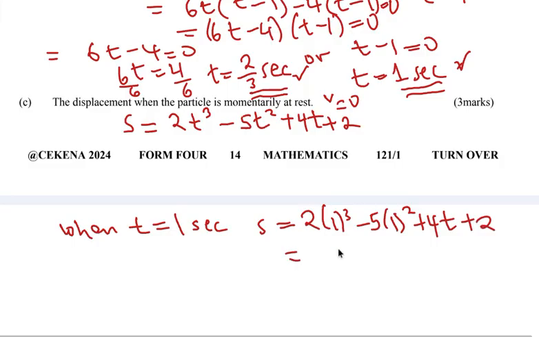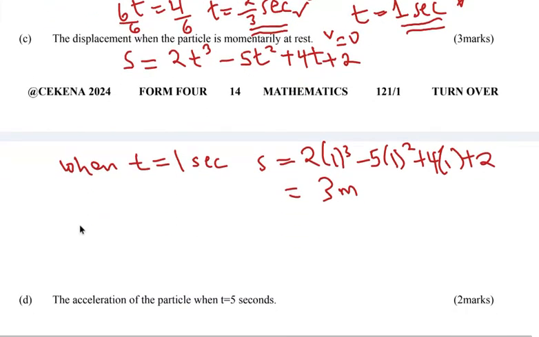Sasa S hapa itakupa 2 minus 5 negative 3 plus 4 ni 1 plus 2 ni 3 meters. Hakuna per second, displacement ni just meters.